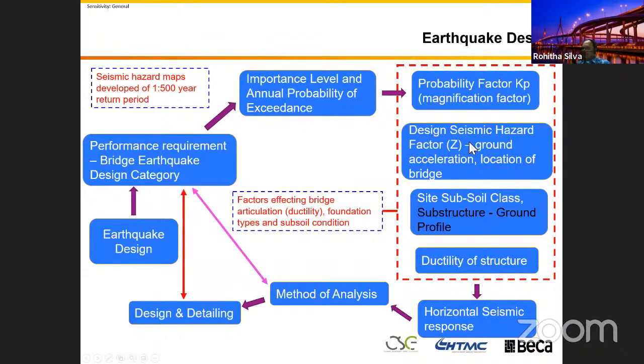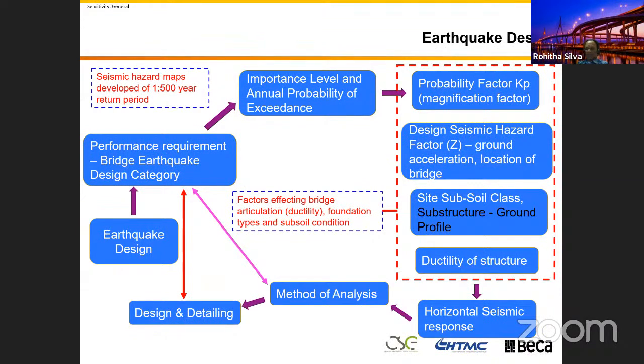And then, as I mentioned, when an earthquake happened, from the historical data we can get the ground acceleration. The code now calls this the design seismic hazard factor. And of course, we want to know what our foundation conditions are, what the subsoil is that the earthquake force is transmitting through. If it is rock, it is one way.